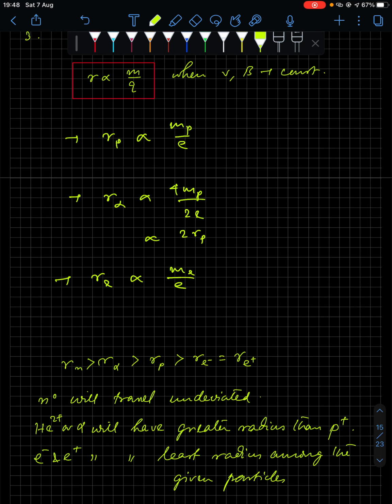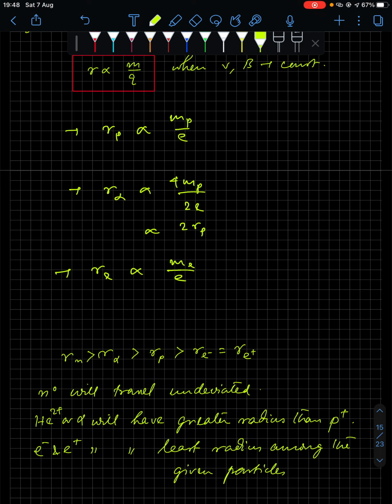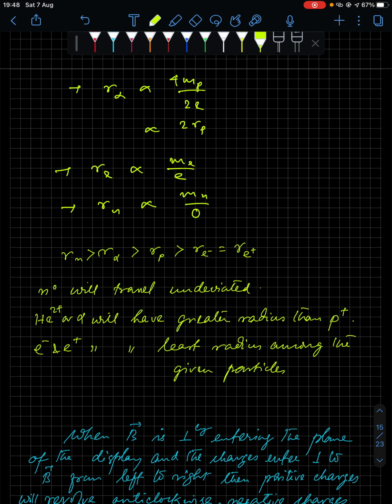Now for electron, R is proportional to mass of electron divided by charge of electron, right? Only the direction will be different. I am not putting minus e here. Since it is negative charge, it will have a deflection opposite to positive charges. And finally neutron, proportional to mass of neutron by zero charge.